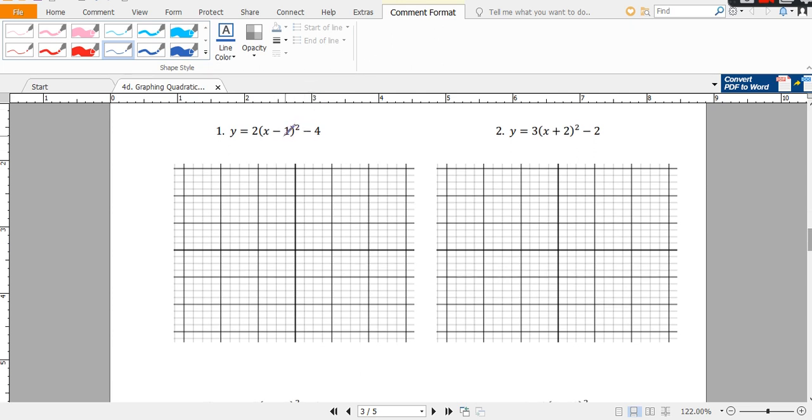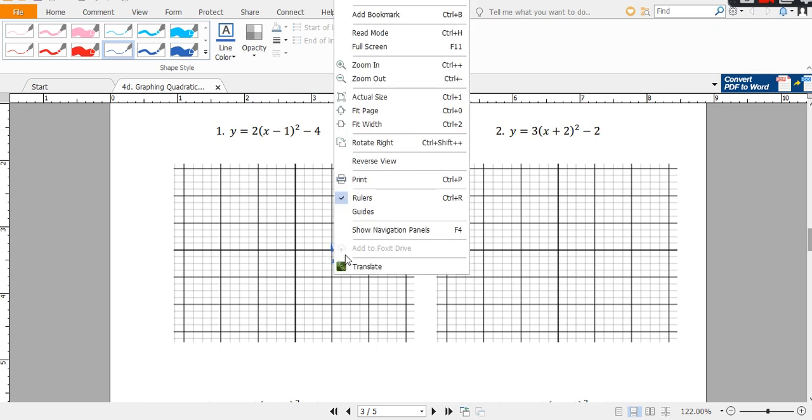Okay, so the vertex here would be at 1, -4. So the vertex at 1, -4, I'm going to label each of these, so picking your scale is key. So if I go 1 over, down 4, what I'm going to do then is label all these. Your x-axis and y-axis do not have to be the same.